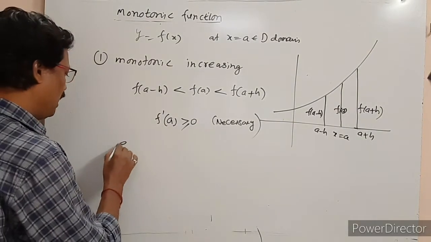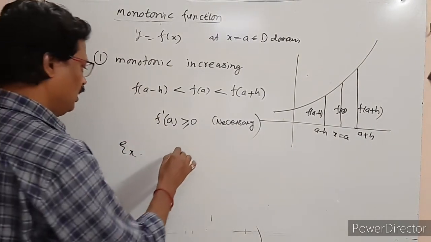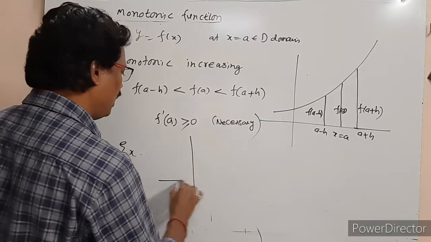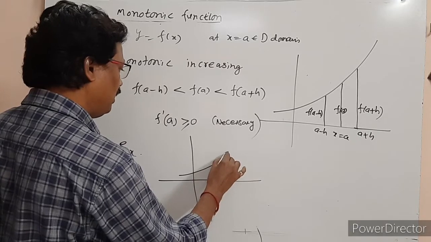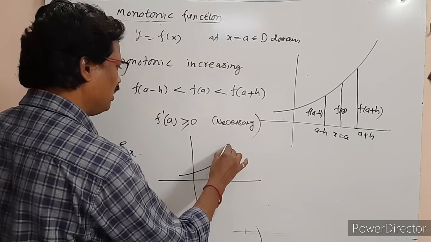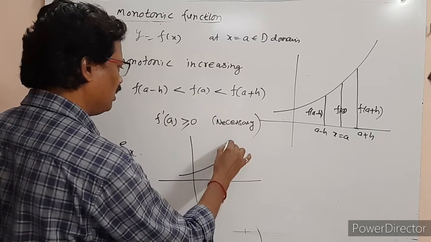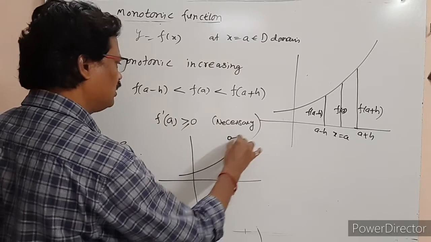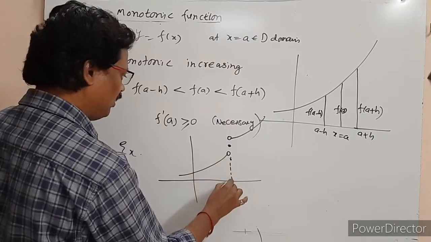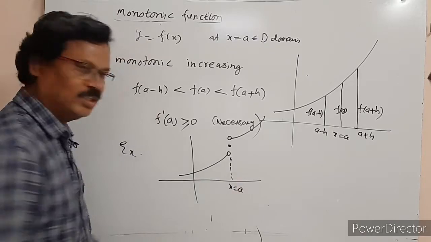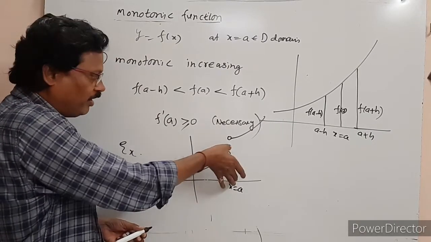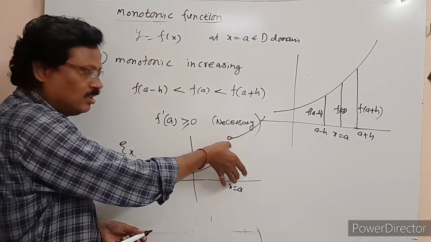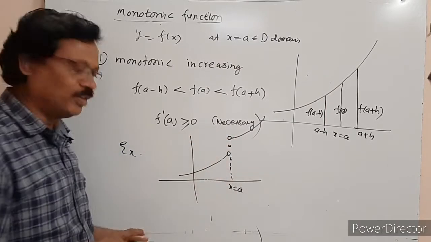For example, I am writing. Now if you see the graph of this one, this graph is going like this at x equal to a. This graph is like this, this equal to a. See that f of a minus h is this one, f of a is this dot, f of a plus h this one.